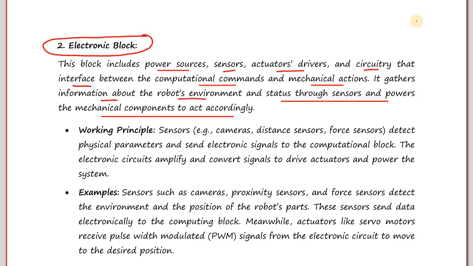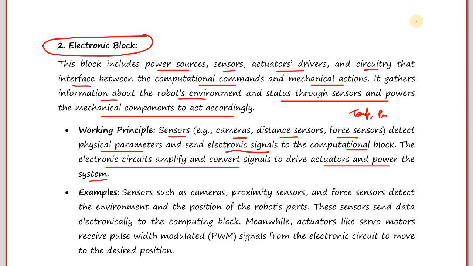So, what is the working principle? Basically, sensors, which are either cameras, distance sensors, force sensors, we have also talked about temperature sensors, pressure sensors and all that, detect the physical parameters and send electronic signals to the computational block, and after that the electronic circuits amplify and convert signals to drive actuators and power the system.